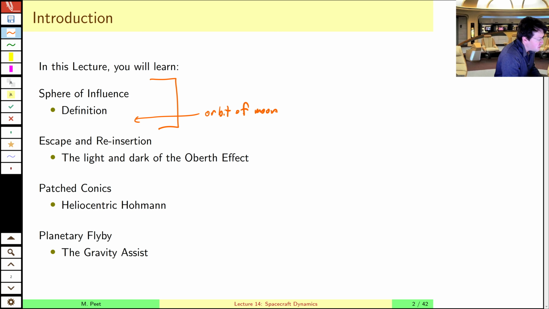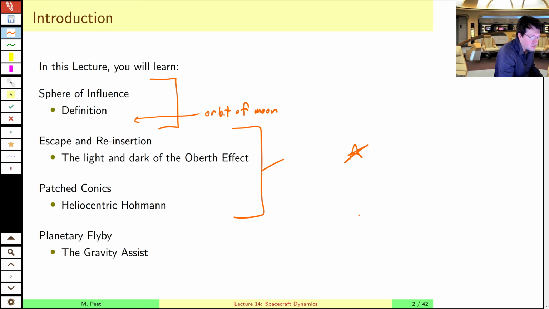Then I'll take a quick break, and I'll come back and talk about the second, which is probably the biggest part of the lecture, which is mission planning. So how to leave the sphere of influence of the Earth, transit through the sphere of influence of the Sun.